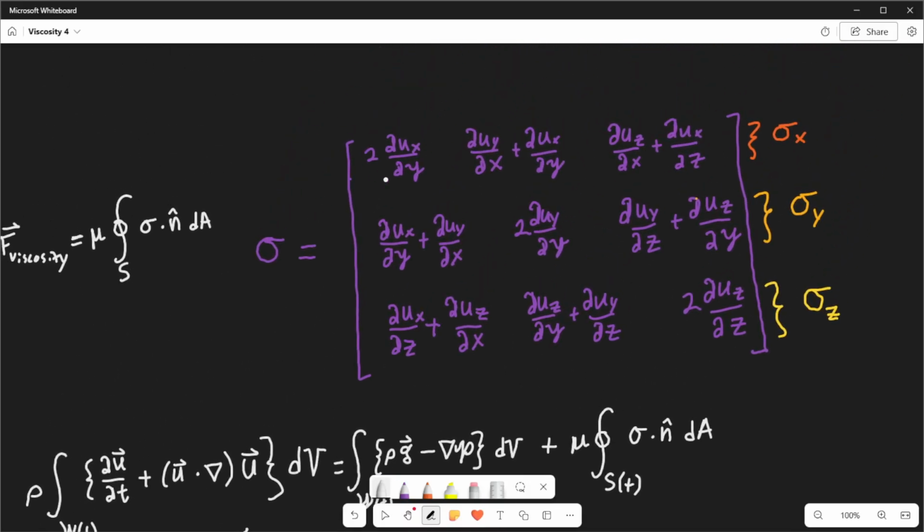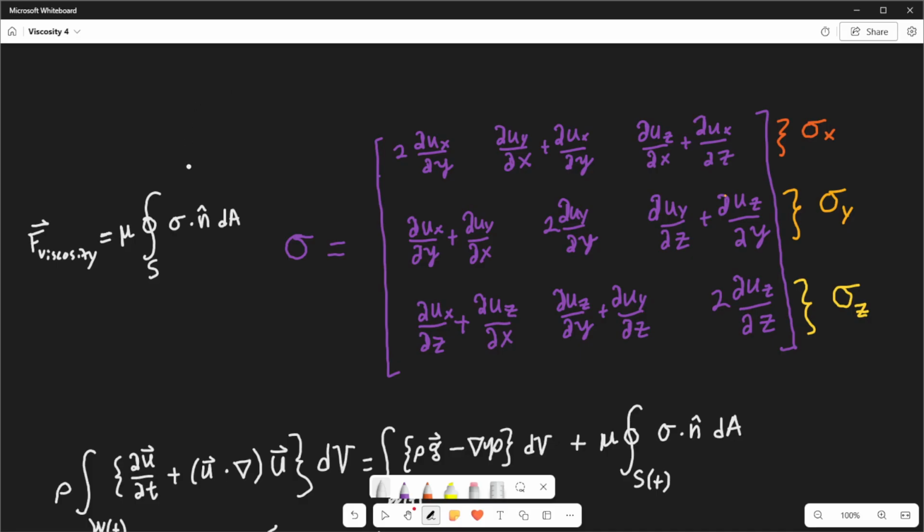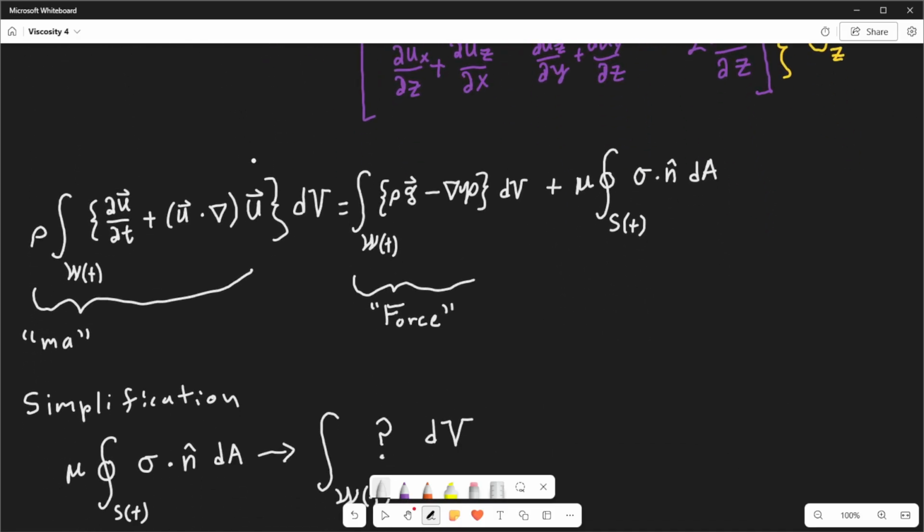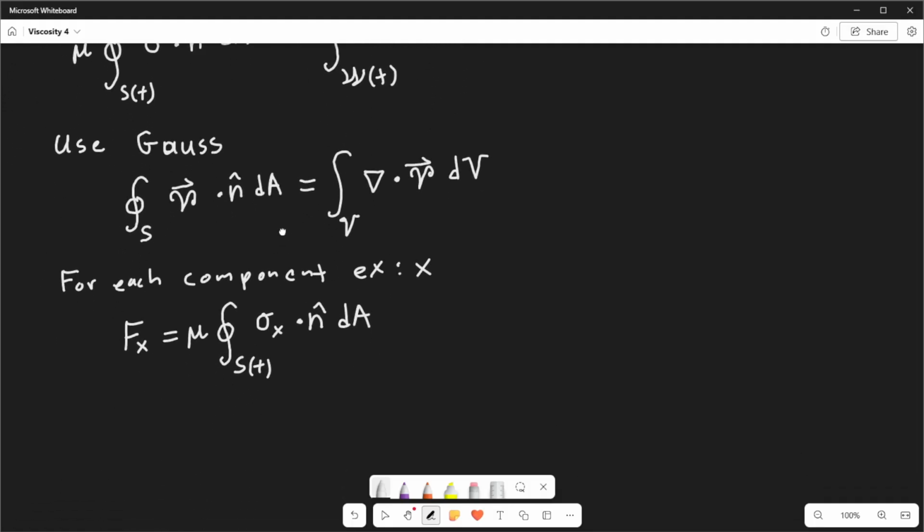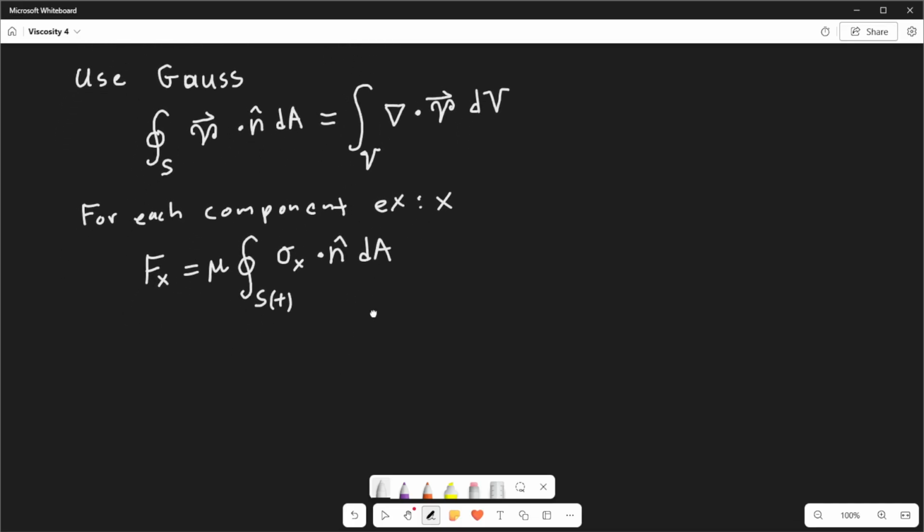If n hat is dotted with each of these, it creates a 3-vector, and the Fx component is just sigma x dotted with the n hat, by the definition of how the dot product for the tensor is defined. So breaking it down into components, there's a sigma x dotted with the n hat. The sigma x is now a vector quantity, so it can be treated as a vector.